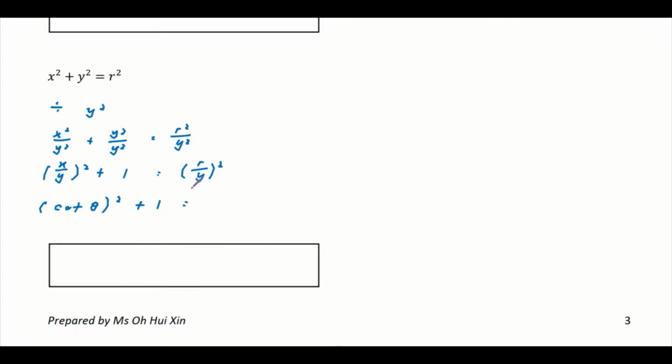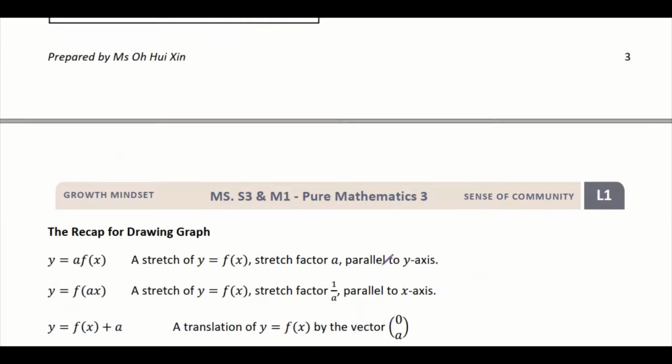So y over r is sine, so r over y will be cosecant. So we get our last identity here, cotangent square plus 1 equals to cosecant square theta. So these are the three basic identities that we need to know in trigonometry functions.